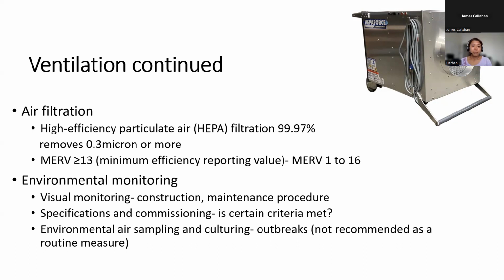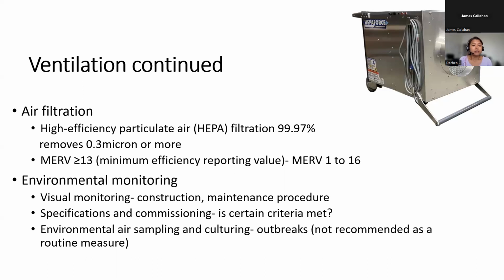So during the COVID pandemic, portable air cleaners equipped with HEPA filters or a filter with a minimum efficiency rating value, or MERV, equal to or over 13 were suggested to have reduced SARS-CoV aerosol exposure over time, which helped to limit the risk of aerosol transmission.